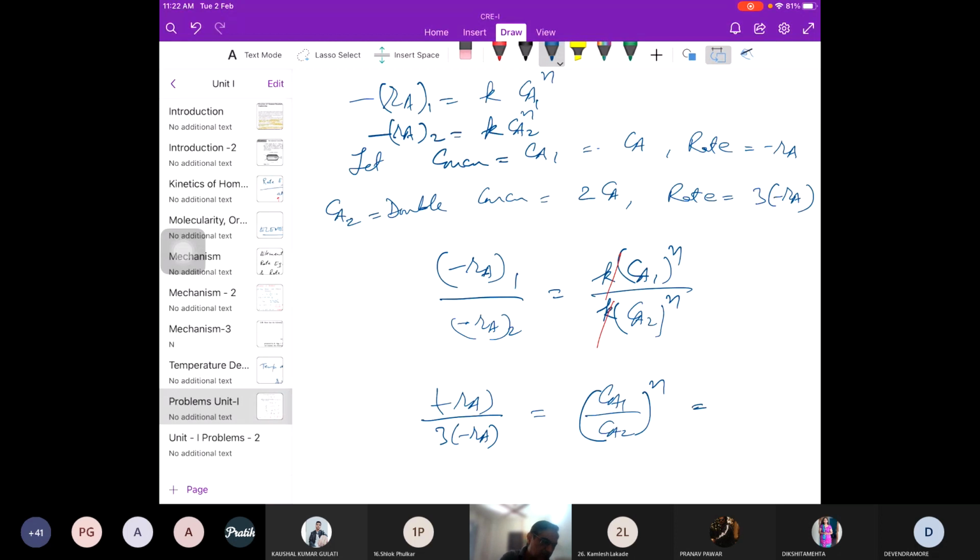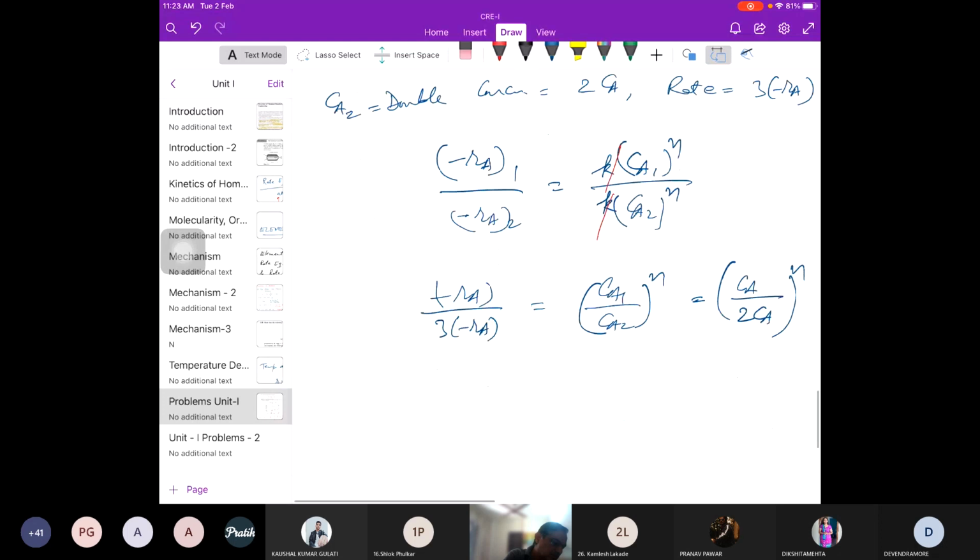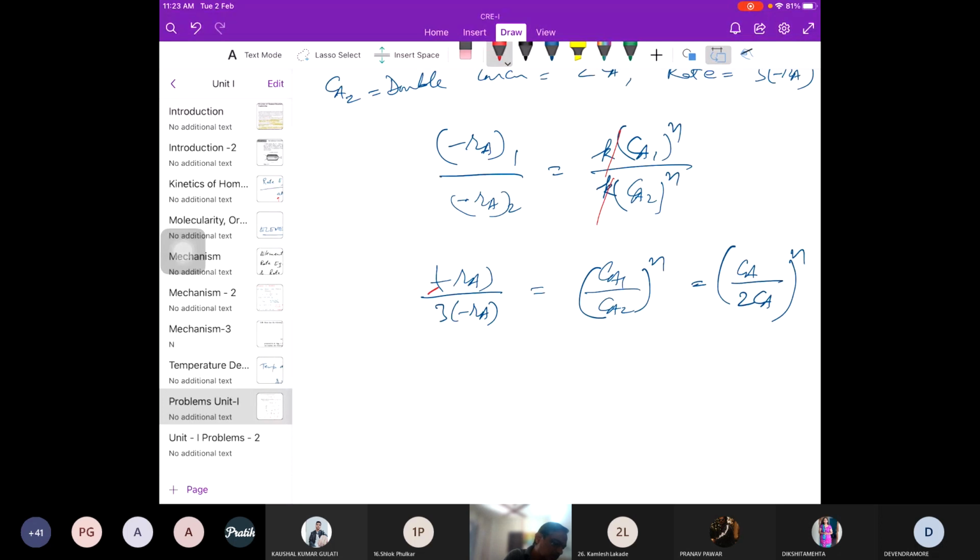Right? And Ca1 is Ca, Ca2 is 2Ca. So this will cancel out, and what we get is 1/3 is equal to, this will cancel out.